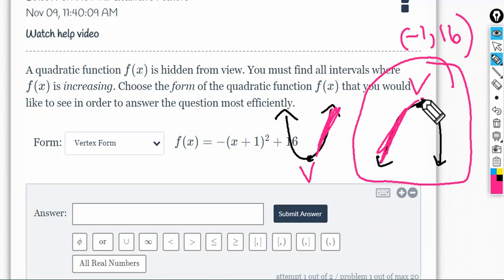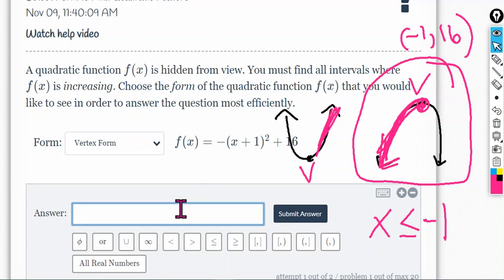The only thing I need to know is the vertex. So this one is x less than or equal to -1. Notice that's the part of this parabola that corresponds to increasing, because the vertex is the piece that splits it apart. Now you could do either notation.